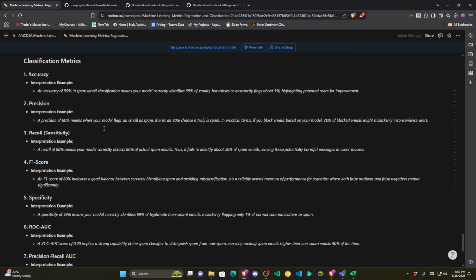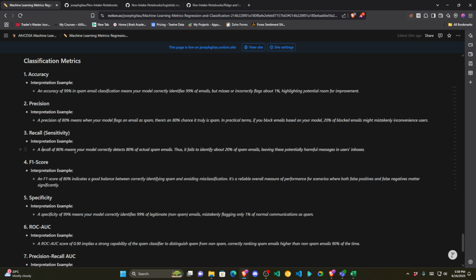In practical terms, if you block emails based on your model, 20% of blocked emails might mistakenly inconvenience users. A recall of 80% means your model correctly detects 80% of actual spam emails. Thus, it fails to identify 20% of spam emails, leaving these potentially harmful messages in users' inboxes.